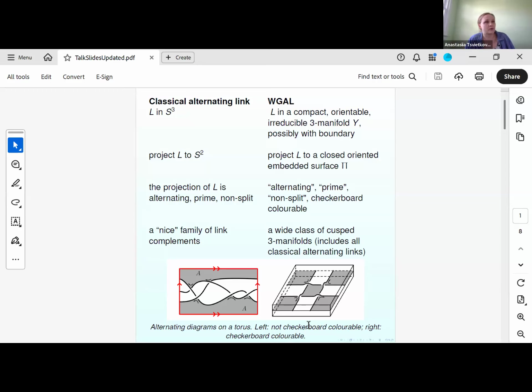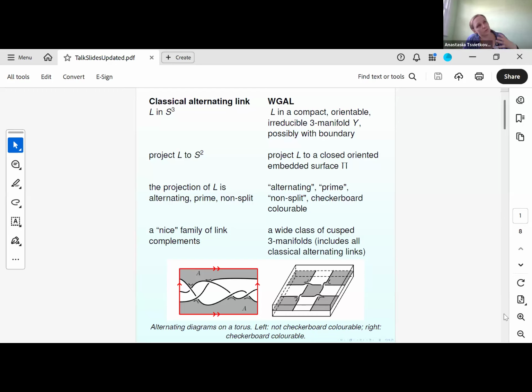And your manifold may or may not have boundary, up to you. Then we used to project links on a plane or two-sphere. Now what we do instead, we take a closed, oriented, embedded surface as projection surface. This surface doesn't even have to be incompressible, so it can be a pretty strange surface, just floating there.